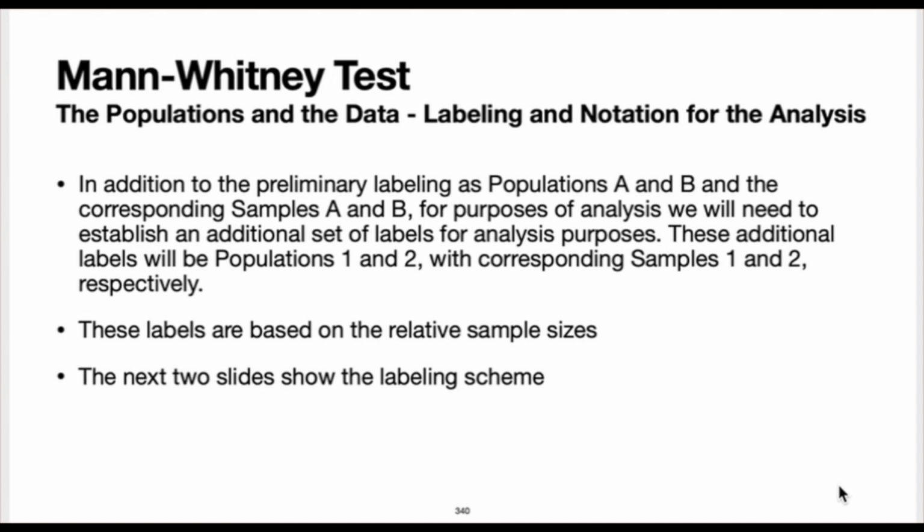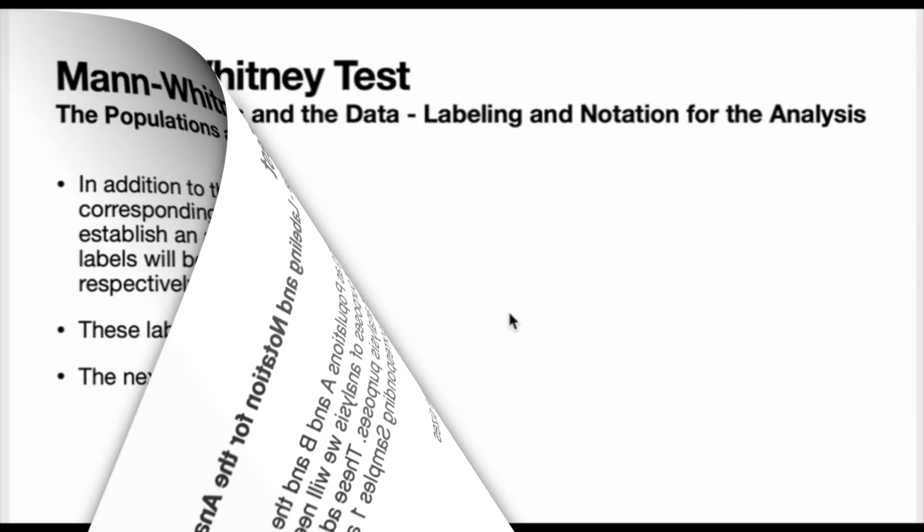Don't get the impression that population 1 always corresponds to population A and population 2 always corresponds to population B. That's not going to be the case. The labels 1 and 2 are based on the relative sample sizes. And how we make this association is shown on the next two slides.